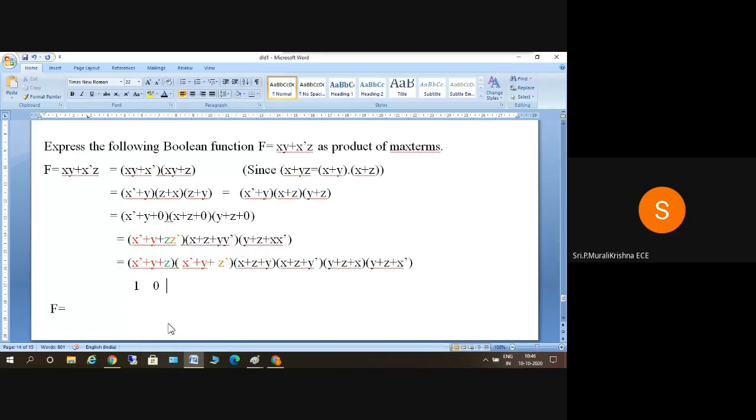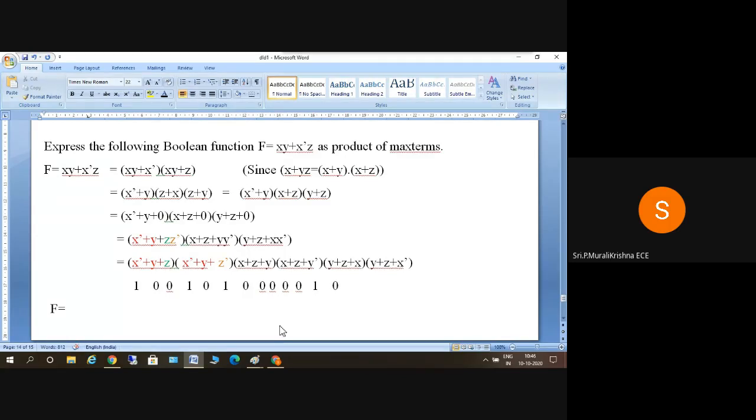And again the normal form is 0, and here it is 1 0 1, and here it is 0 0 0, and here it is 0 0 1.